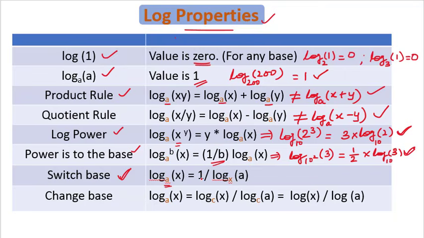It becomes 1 upon log a to the base x, and you can switch the bases like this. So if I have log 2 to the base 10, it is equal to 1 upon, I want to switch the bases, how can I write it? I can write it as 1 upon log 10 to the base 2. This is the same thing.